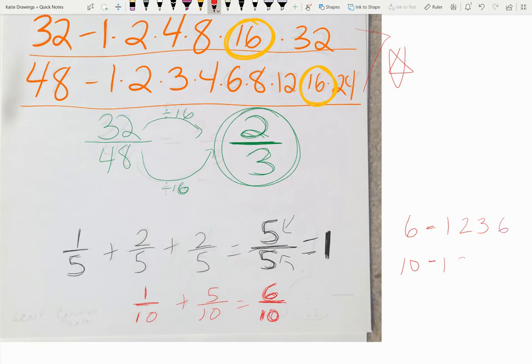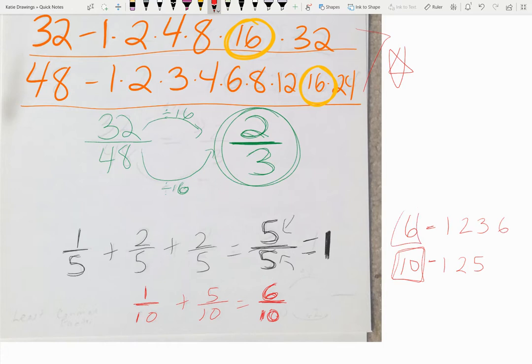For 10: 1, 2, 3 doesn't fit into it, 5 can go into it, 6 can't. 1 times 10 equals 10, 2 times 5 equals 10, 5 times 2 equals 10. So it's numbers that can be multiplied to create this, or can be divided into it. 1 can go into 6, 6 times, 2 can go into 6, 3 times, 3 can go into 6, 2 times, 6 can go into 6, 1 time.